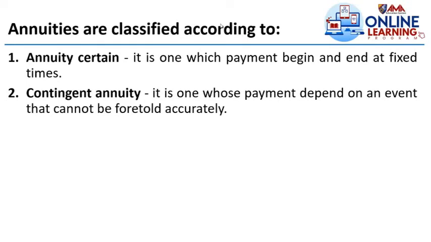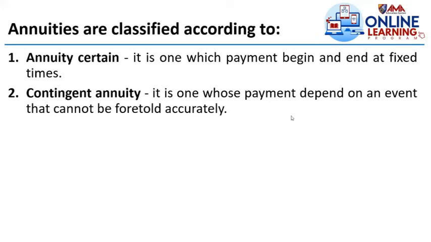So ika-calculate yung annuity if there is a calamity or an event that is within the scope of the agreement of that contingent annuity. Kumbaga, parang contingency plan, backup plan. Okay? So, that's the time na magbabayad ka.